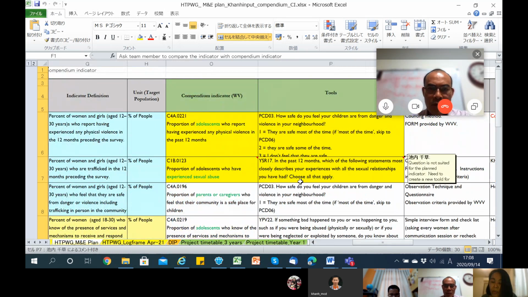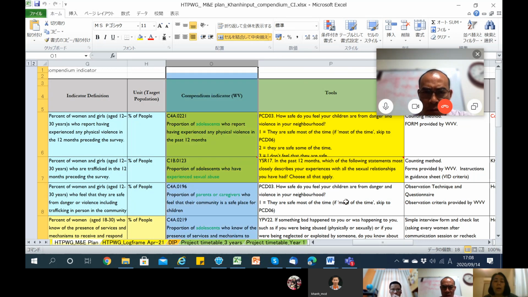I'm not sure if Kai has already explained, but World Vision has a so-called compendium indicator. Some of the indicators we can adapt from this compendium indicator from World Vision.